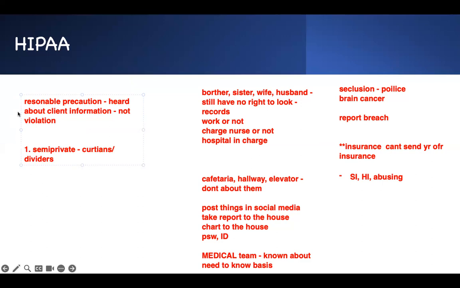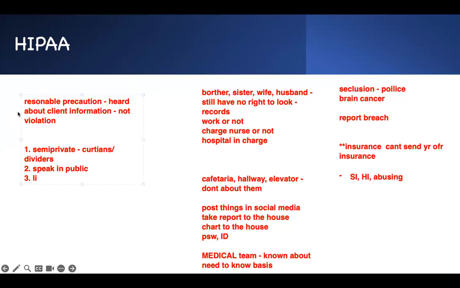If I'm talking to the patient, yeah, the roommate can hear it. But still, at least you make the necessary precaution by using the curtain and the divider. You try not to speak about a client in public space. You're taking precaution not to do it. Okay.